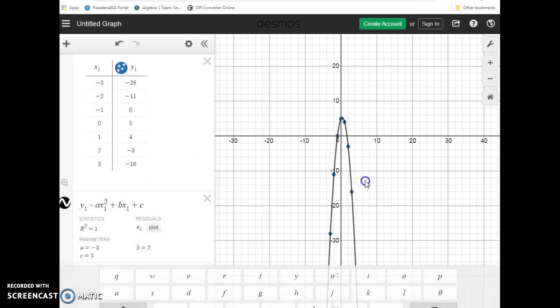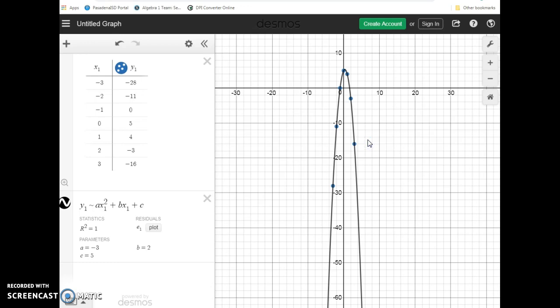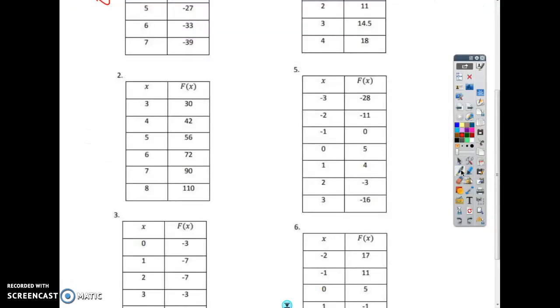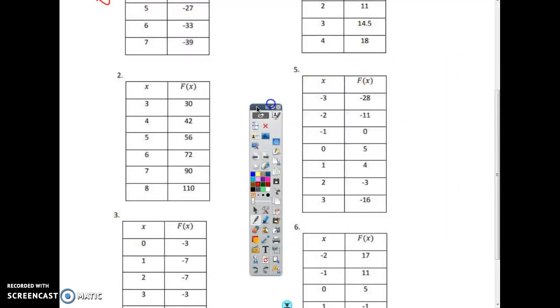Okay, and look at my graph. It goes through all the points. So my A is -3, my B is 2, my C is 5. So write it down. Y equals -3x squared plus 2x plus 5. Quadratic.